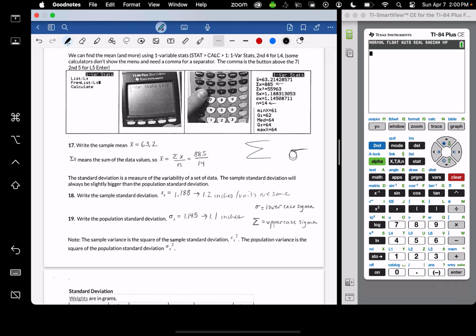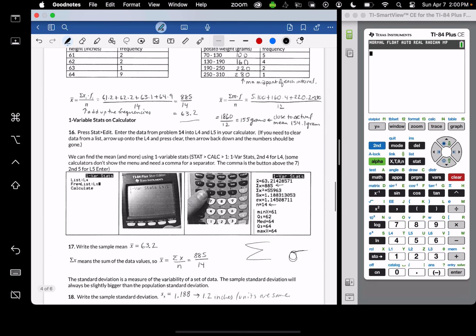This sigma is the capital S, and it's used to mean add them all up. So add up all your x's and you get 885. Divide by n and you get divide by 14, and that's how we got the 63.2.